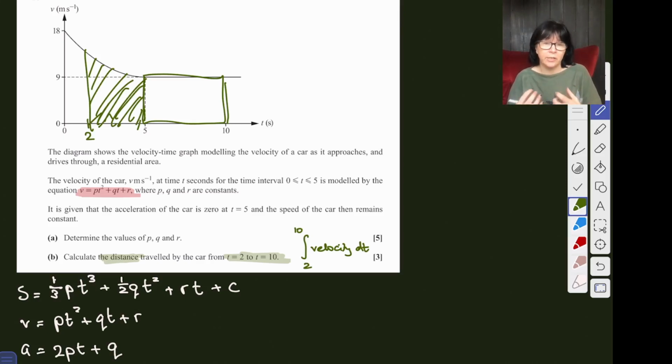So I can literally just integrate, but I'm not going to be integrating from 2 to 10 because the equation only goes to t is 5. So I'm going to be integrating from 2 to 5 and then working out the area of that rectangle and sticking that on, and that will give me the distance.